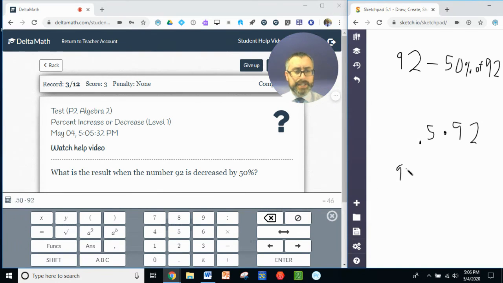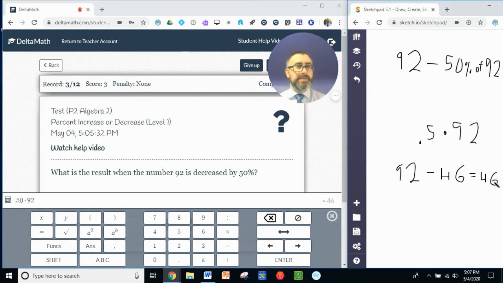Then what is 92 minus 46? Well, you might have predicted this already, but it is 46 again.